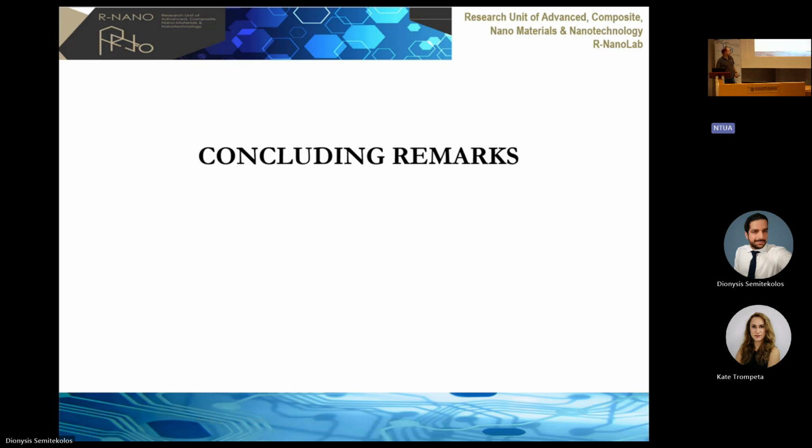So the concluding remarks are that recycling composite components is generally a big headache, and it will continue to be something like that. We have to investigate different methodologies in order to find the best one.